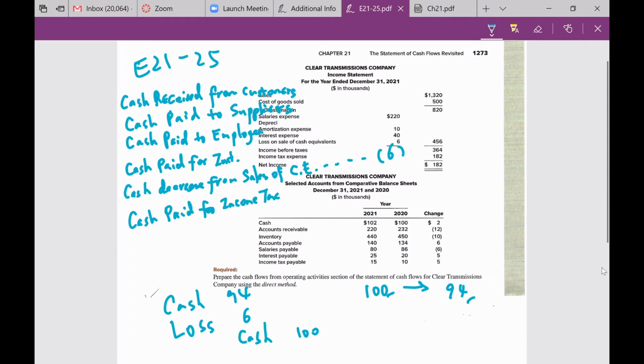Any other question on any other item? Let me just give you those numbers. Any questions on any item you want me to explain?